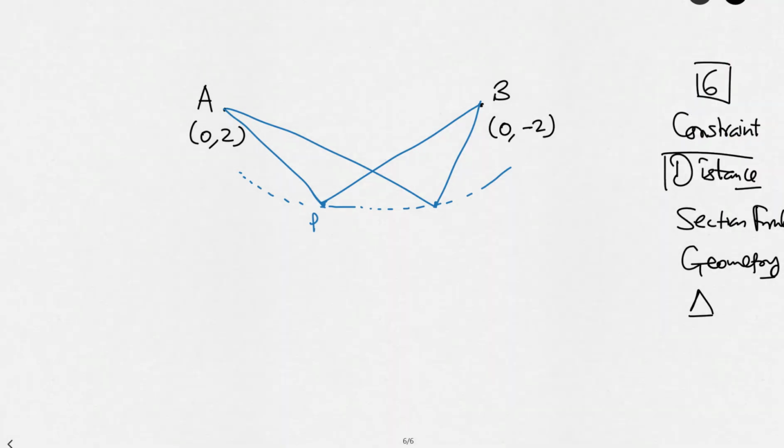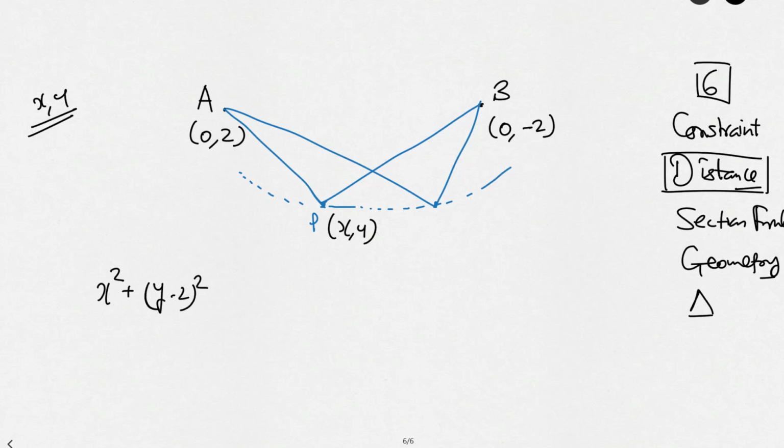So we can apply the distance formula here because it says the sum of distance is 6. And we can directly use x and y because there is no xy given here already, so you don't need to use alpha and beta and then replace them with x and y. Distance AP is what? Let's say this is x and y. So the square root of x minus 0 squared, distance formula, plus y minus 2 squared.